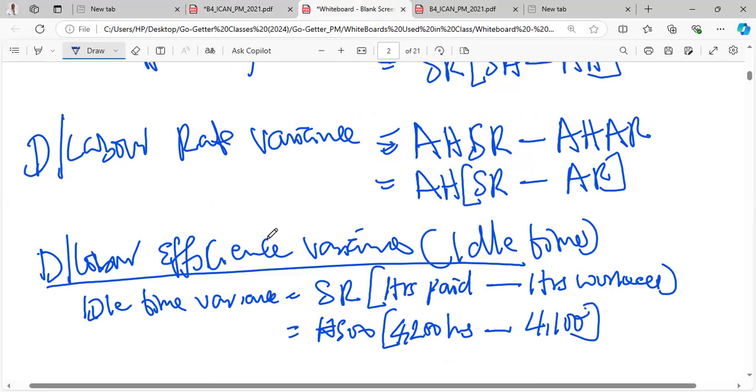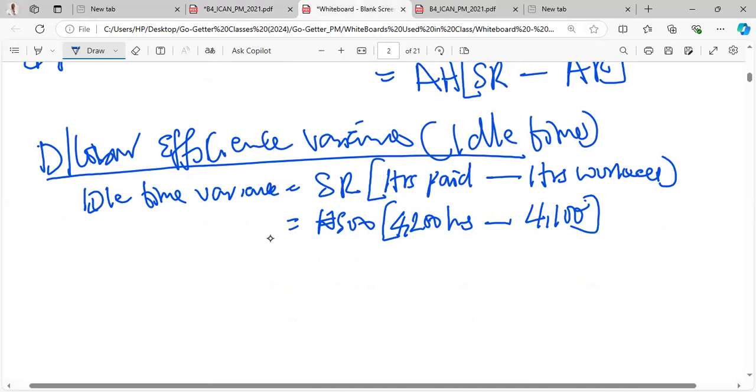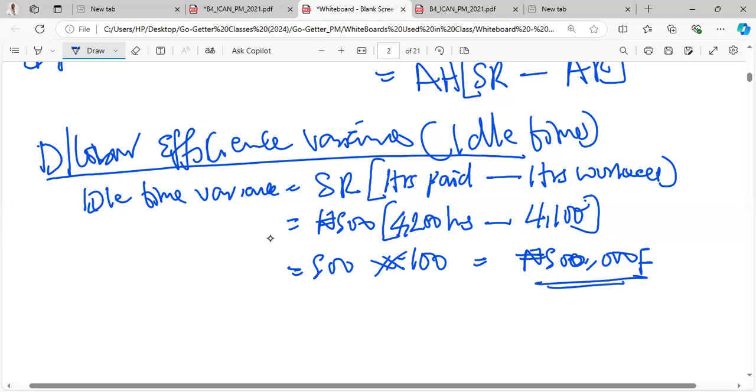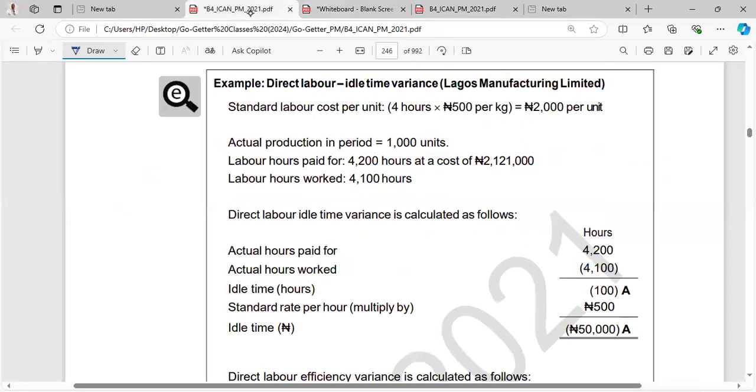It then means that this would have been 500 times 100, which would be how much? 50,000. Is it favorable or adverse? It's adverse.